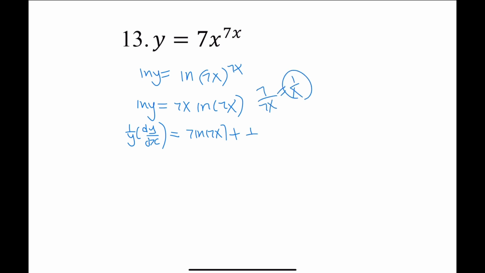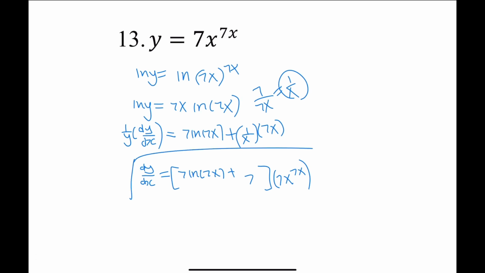So 1 over x times 7x. So dy over dx would be 7 ln 7x plus 7, times 7x. Yep. This will be our answer.